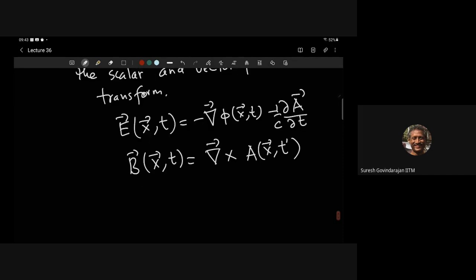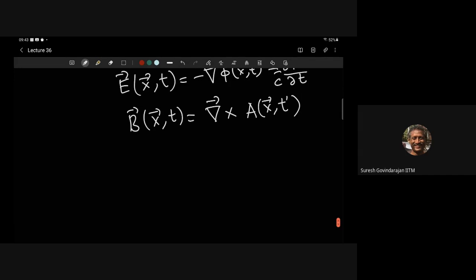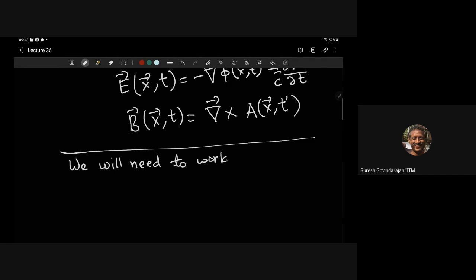So we will need to work out A prime and phi prime.